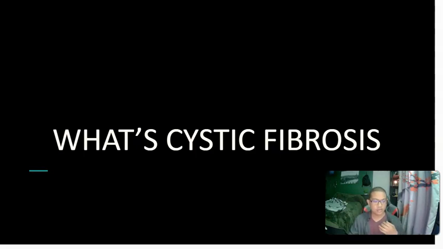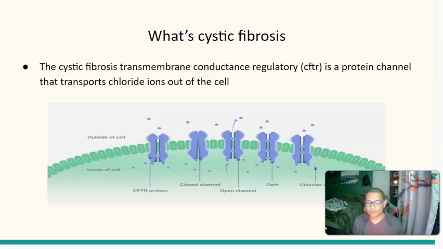To really first get into what cystic fibrosis is, you have to understand what cystic fibrosis really affects. Cystic fibrosis affects the transportation protein CFTR, or the cystic fibrosis transmembrane conductance regulator.